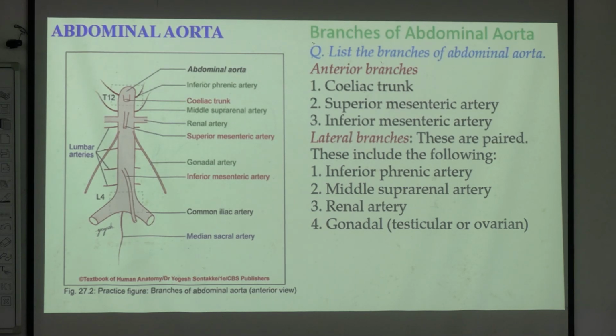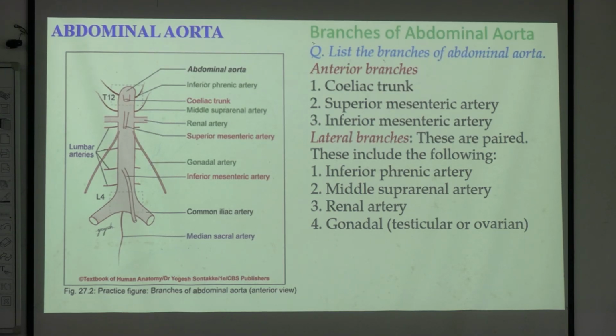Don't say 3. Don't be specific in uttering the number of branches. You have to be very calculative. You don't number, but you say it is the celiac trunk, the superior mesenteric artery. Okay. Next.